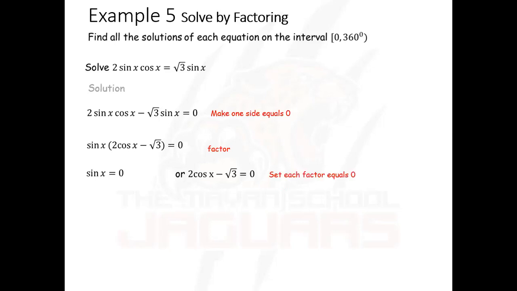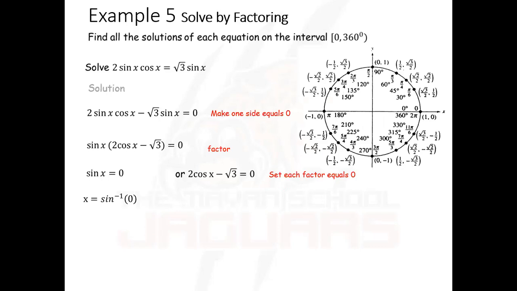We can solve the first equation. If sine of x equals 0, it means that x equals the inverse sine of 0. Once again, we can use the unit circle and ask: for which angle is the sine of theta equal to 0? We need to look on the unit circle for a y coordinate of 0. We notice that the y coordinate of this pair is 0, and the angle associated with it is 180 degrees, or pi.